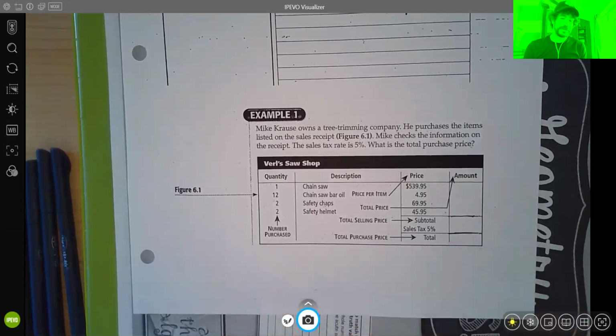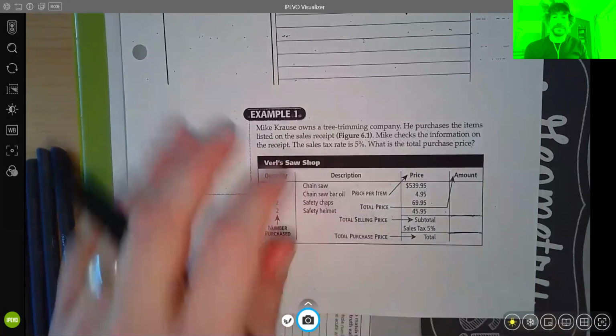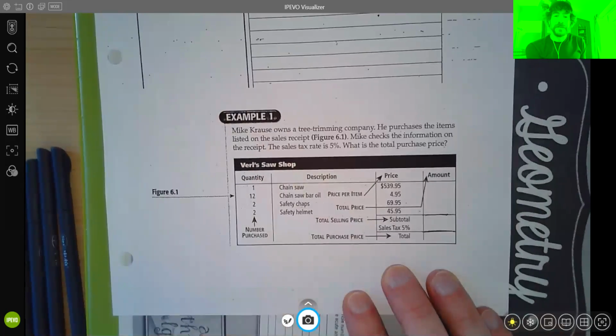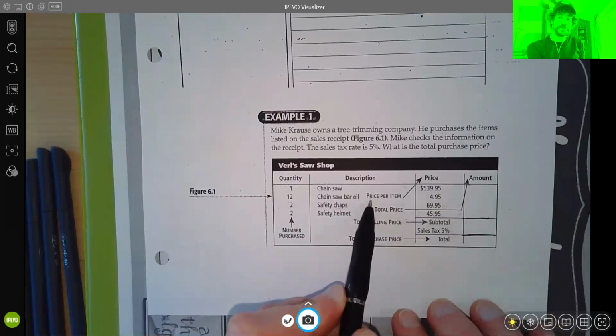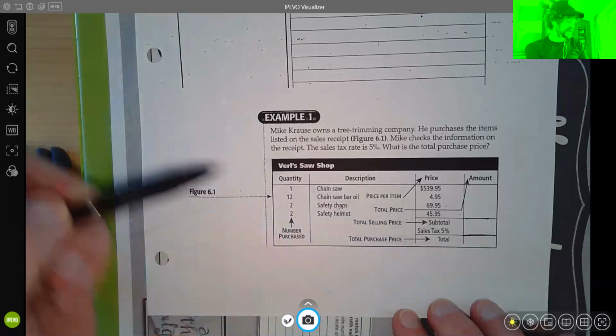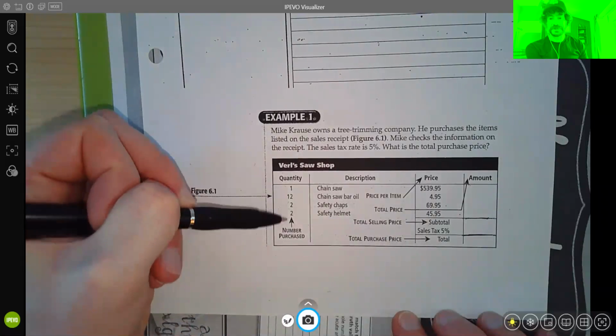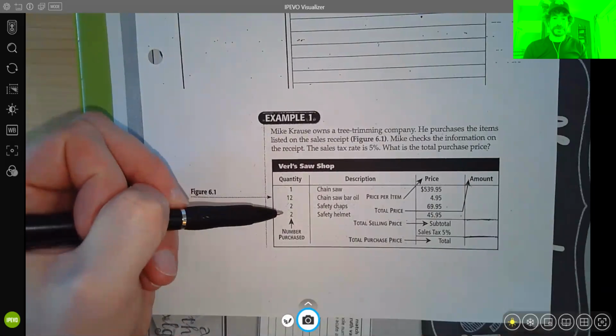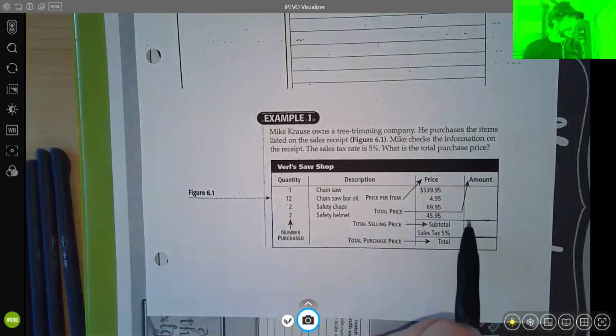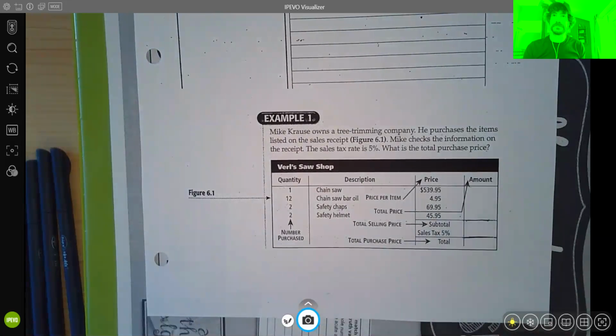And then we're going to add them up for the total purchase price at the bottom. Notice that this description is talking about the price per item. It tells us the number of items over here. So it will matter in terms of the numbers that end up over in the amount. And I'll show you that in just a second.